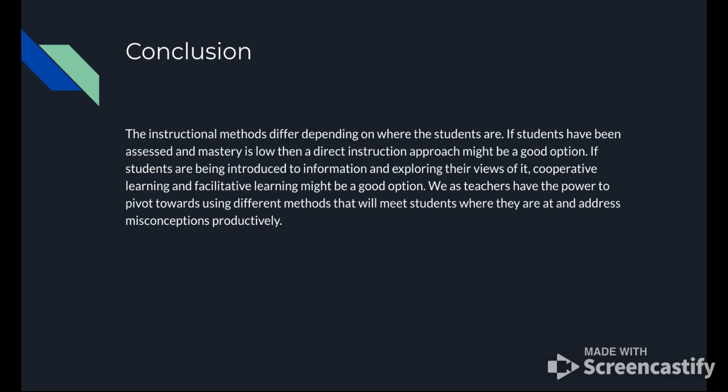Now, if students are being introduced to information or they're exploring their views of it, cooperative learning and facilitative learning might be a good option. We as teachers have the power to pivot towards using different methods that will meet students where they're at and address the misconceptions productively. So those are three that I've used in my classroom.